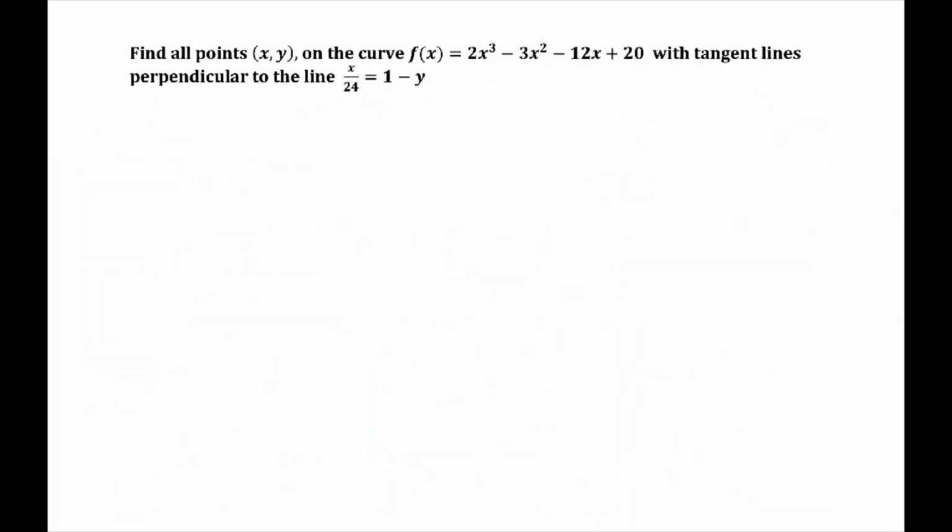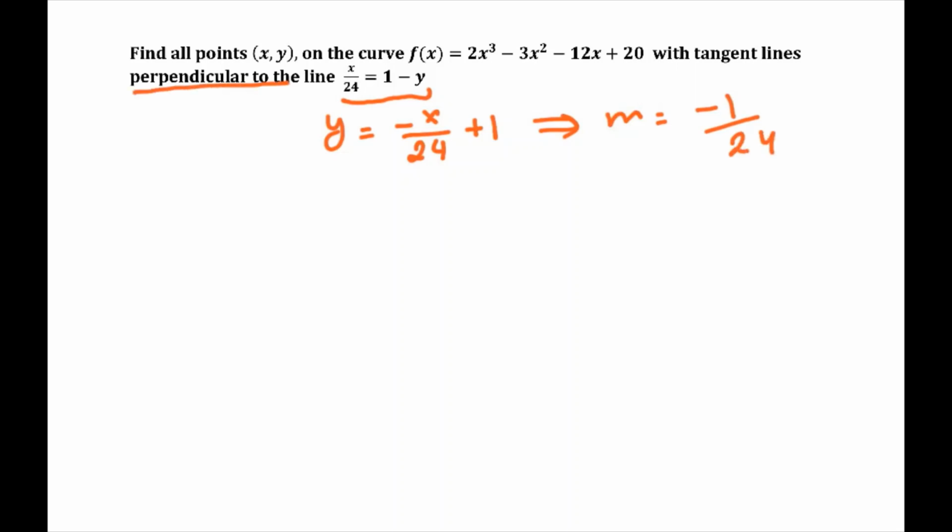So here again, find all points on the curve with tangent lines perpendicular to the line. Again, we are going to start with the line, try to find the slope. So I can move y, so y equal negative x over 24 plus 1, right? Now the slope is negative 1 over 24, and since we are talking about the perpendicular lines, then the slope here will be the negative reciprocal, which is 24.